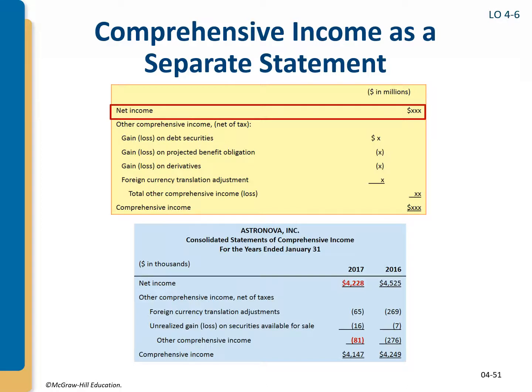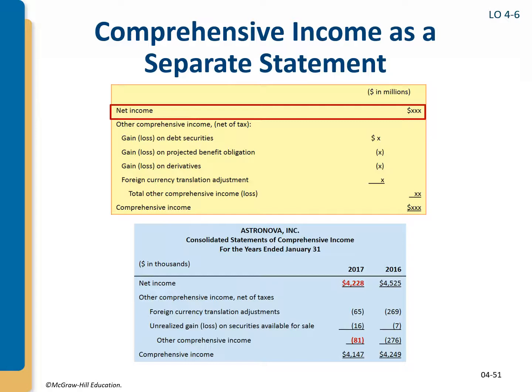So here is a comprehensive income statement. Net income. So you did your income statement and you're at net income. Oh wait, no, I'm sorry. This is being reported separate. So, the consolidated statement of comprehensive income from Astronova starts with net income.